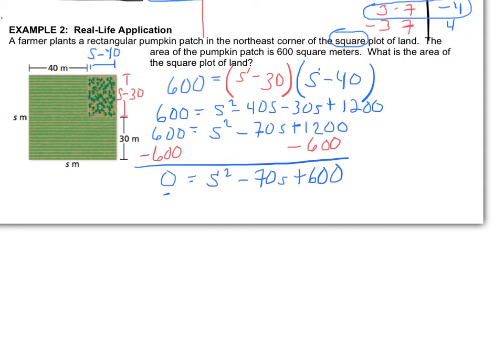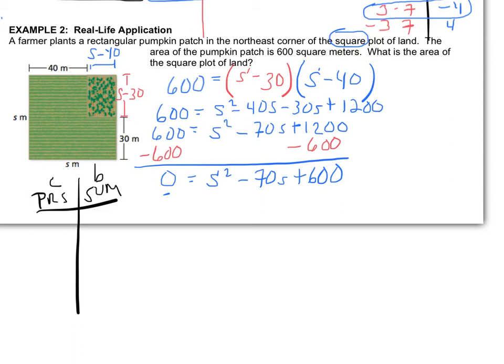So what I want to do is, again, think about my factor pairs of the C that get a sum that's a B. And I'm thinking about the number 600. So 600 is a much bigger number than the ones we first dealt with. There are a lot of factor pairs.